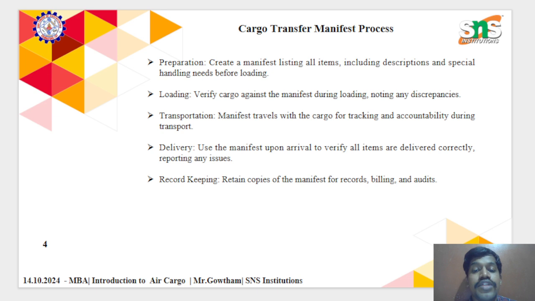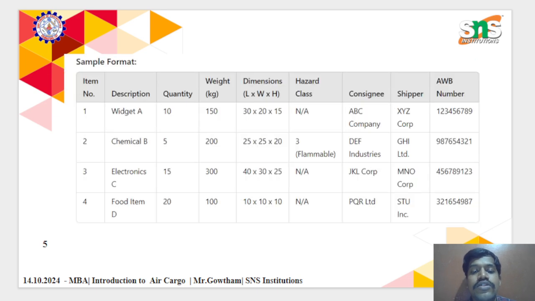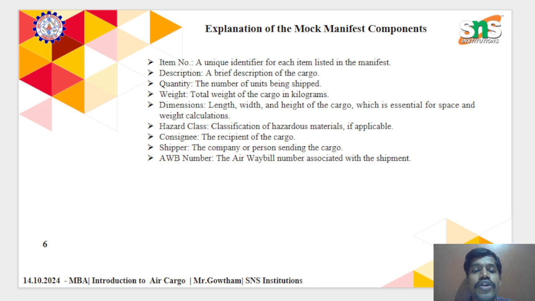The cargo transfer manifest is a format like a bill or carrier manifest form, using fields like description, quantity, weight, dimensions, hazard classes, consignee, shipper, and AWB number. These are very commonly used.